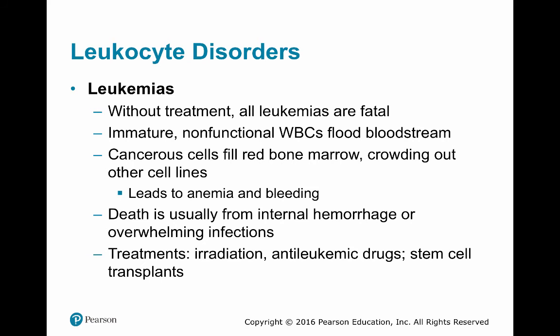So most of the time when people are dying of a leukemia, it's not directly the cancer killing them, but the body shutting down and letting other things kill them due to what the cancer is doing to their body. And so treatments are radiation, anti-leukemic drugs, and stem cell transplants.